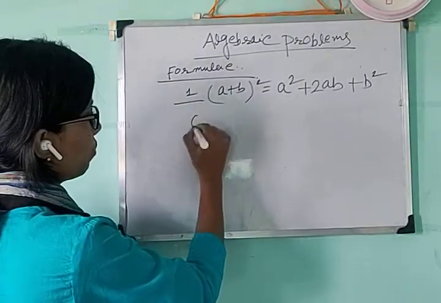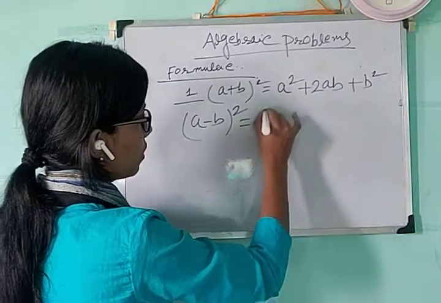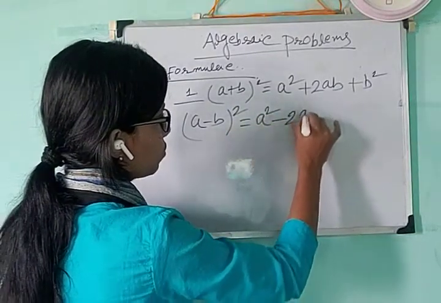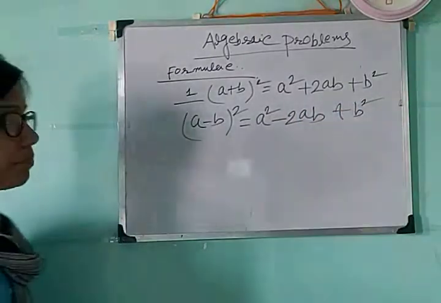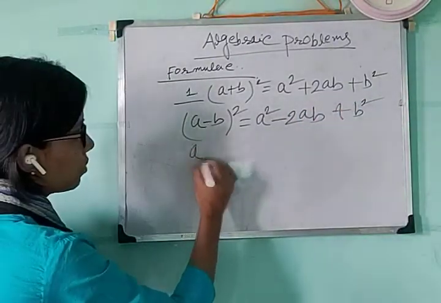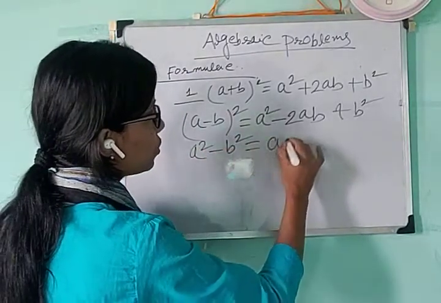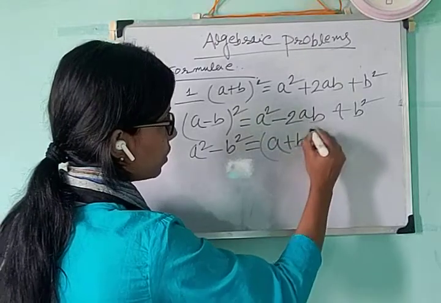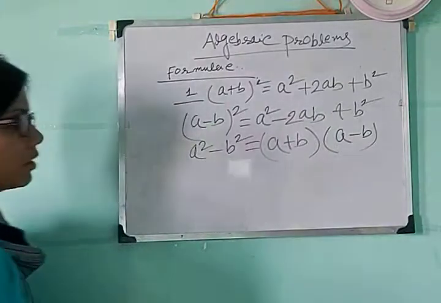And for a minus b whole square, it is a square minus 2ab plus b square, right? Now next is a square minus b square is equal to a plus b into a minus b.